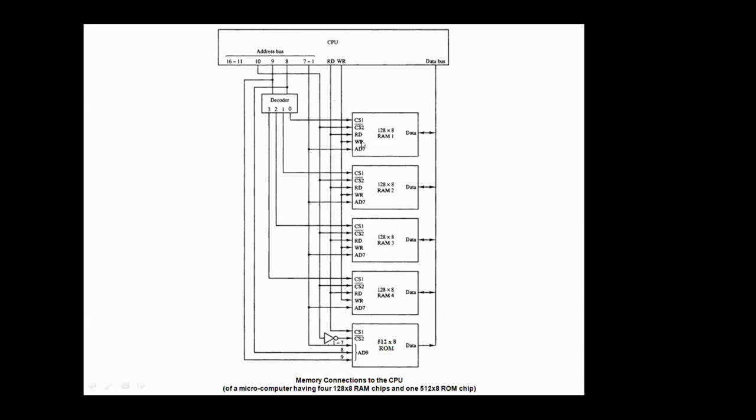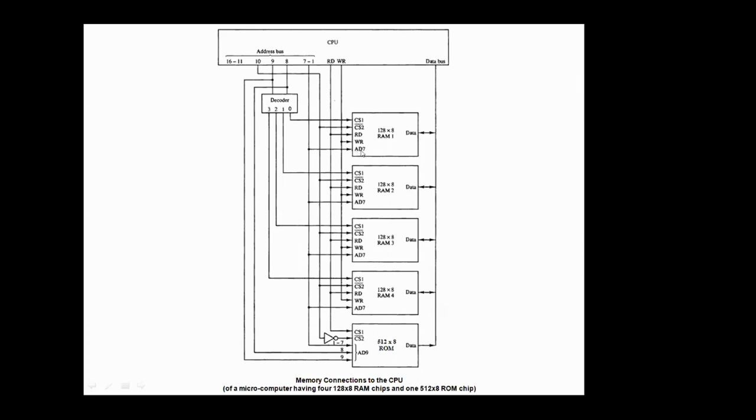Okay, then if we consider this RAM, for example, it has 128 words in total, which means it will have 7 address lines, because we need 7 bits to address 128 memory locations. So 128 word length means there will be 7 address bits.